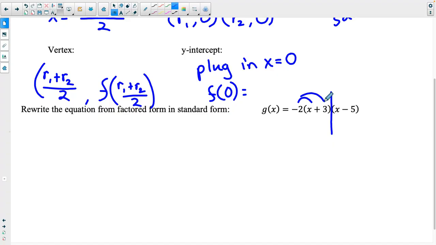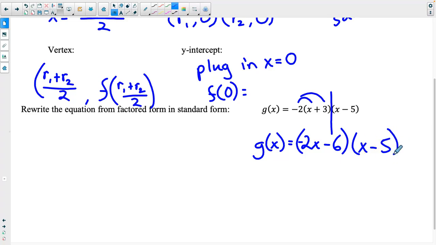And so I get g of x is equal to negative 2x minus 6. Now that's in parentheses because I'm still multiplying it by x minus 5. And now I want you to double distribute and finish that off. And I'll give you a minute as a head start.